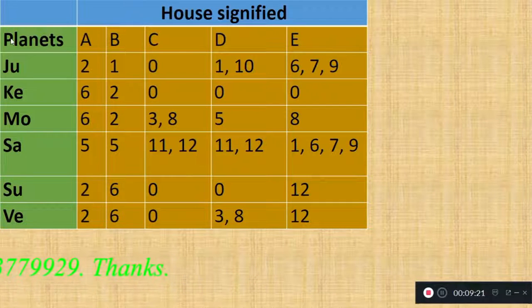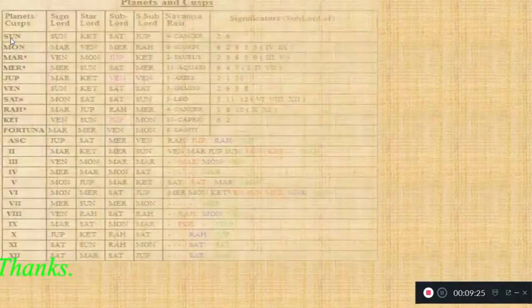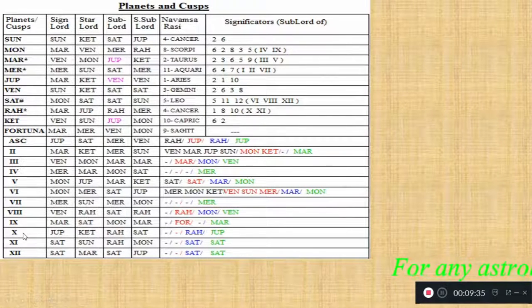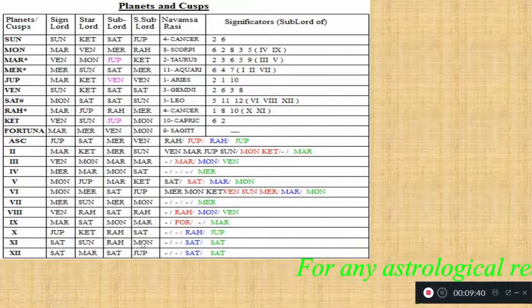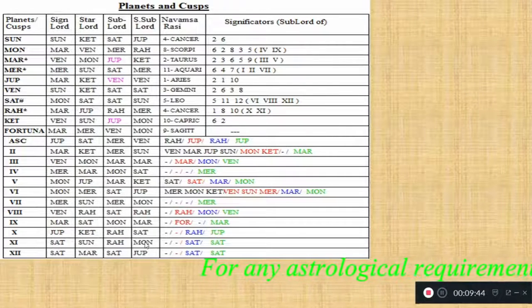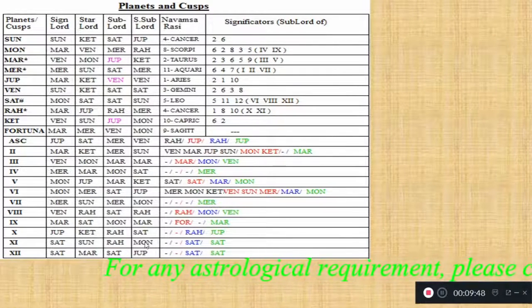But here we can see that, please follow my cursor. Here is 11th house and these are the co-rulers. The co-rulers of 11th house are Saturn, Sun, Rahu and Moon.